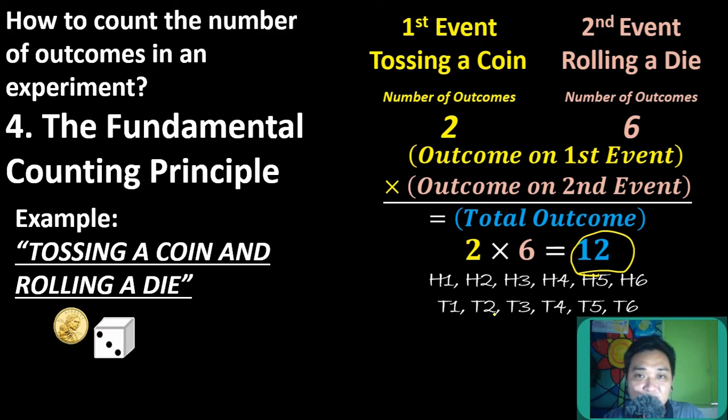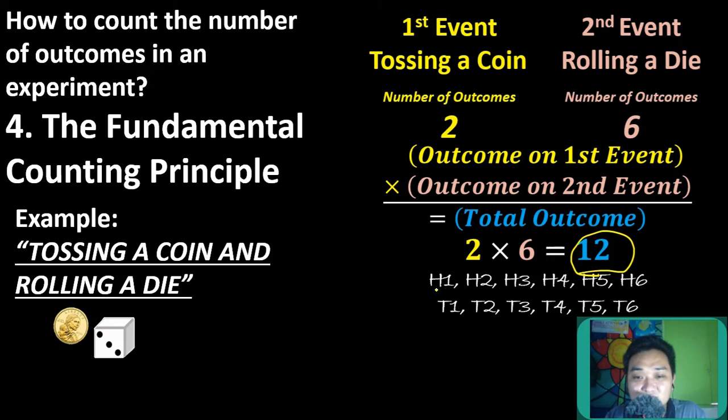In this example, sa tingin ko hindi. Kasi ang unang event natin is tossing a coin. Tsaka yung second event natin is rolling a die. Not unless kung nagkabaliktad tong dalawang event na to. Meaning, inuna muna natin mag-roll a die tapos bago tayo mag-toss a coin. Oo, pwedeng mabaliktad tong mga possible outcomes.